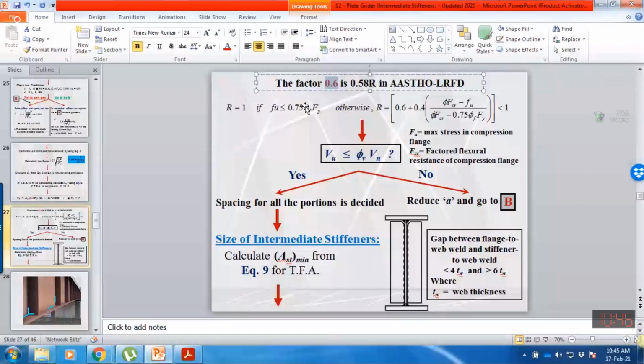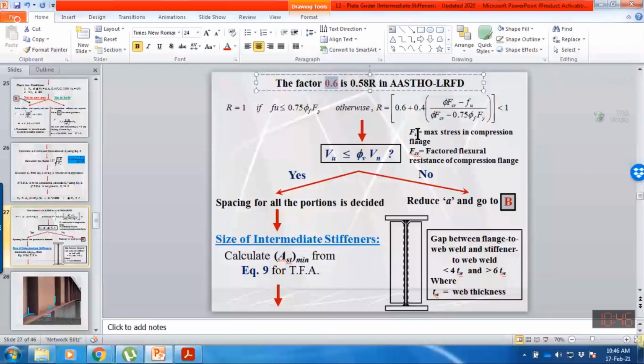So Fu is the maximum stress in compression, and Fcr is the factored flexure resistance of the compression flange. Fu is the ultimate strength of the compression flange. If we are using A36 material, the flange will fail when Fu is equal to 400 megapascal for A36 steel.